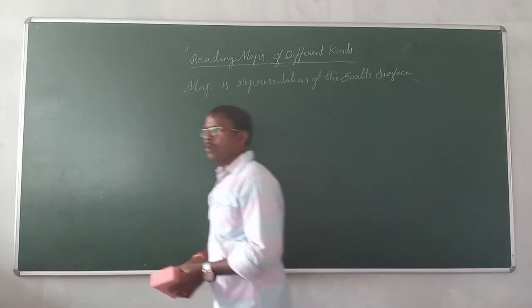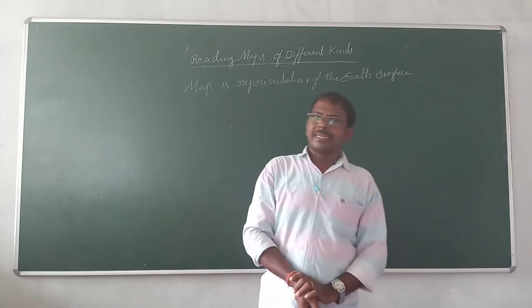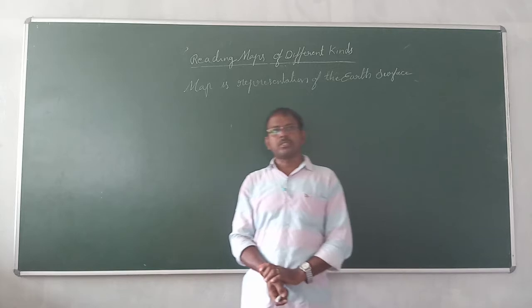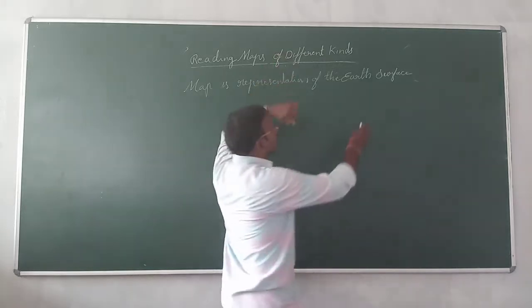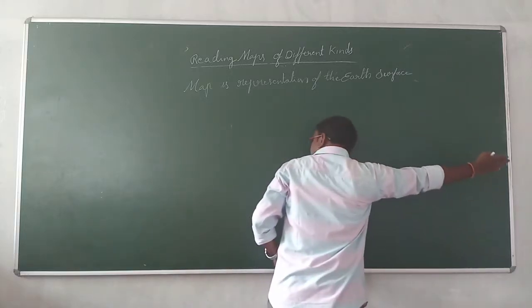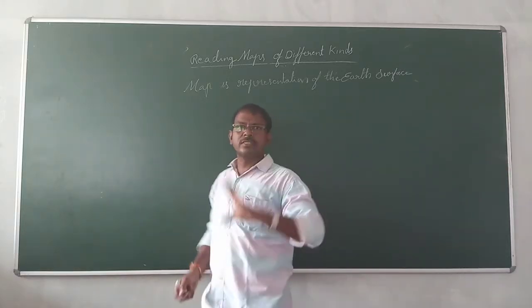So these things we have discussed, and there are map directions. Already we have discussed: a map has 4 directions: top is north, bottom is south, right side is east, left side is west.